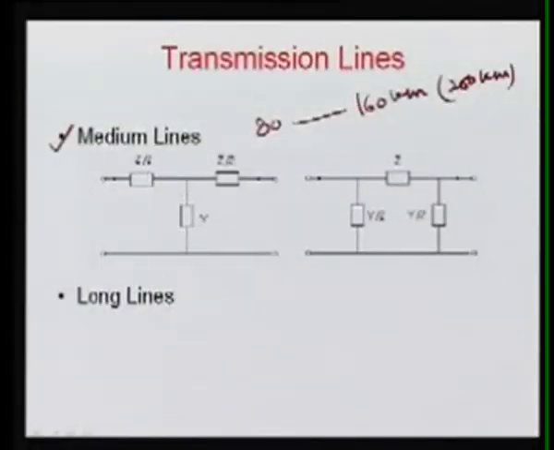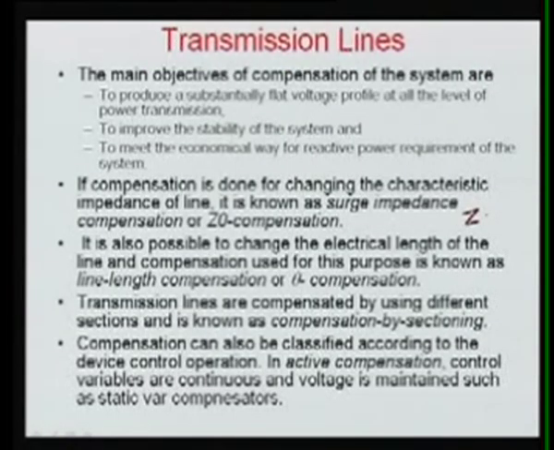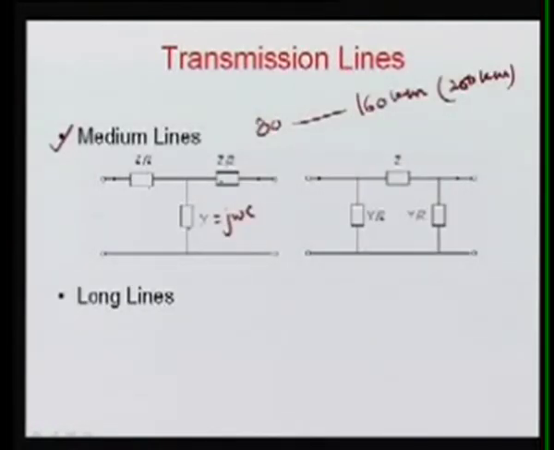If all the charging capacitances, that is j omega C, are lumped in the Y in the middle of the line, and the impedances are divided into half on each side, then it is called the nominal T representation of the medium line, and we can analyze the line with this representation.